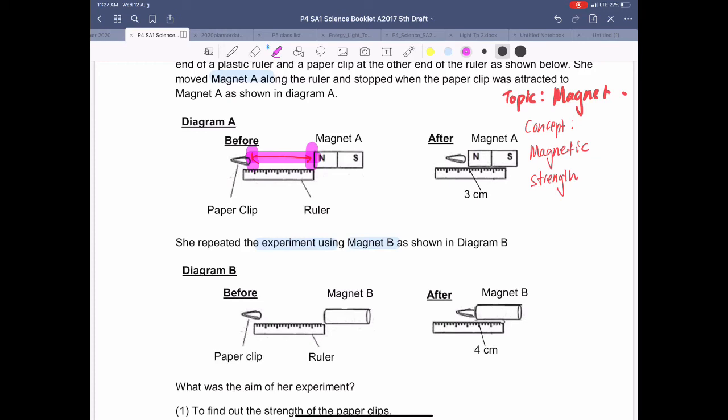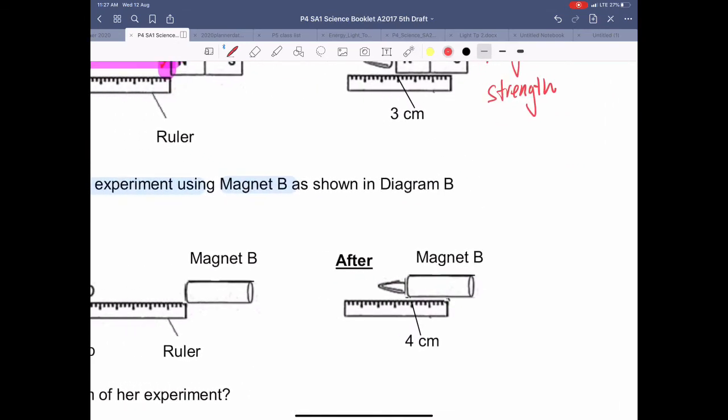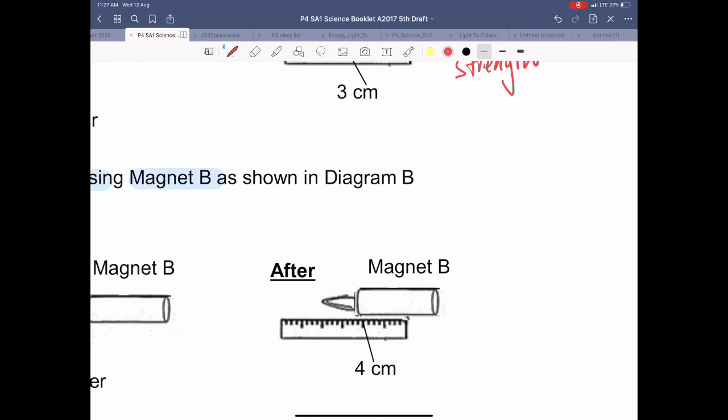So while on this, I would also like to revise with you certain basic concepts on magnets. Certain basic concepts include things like opposite poles attract, like poles repel.